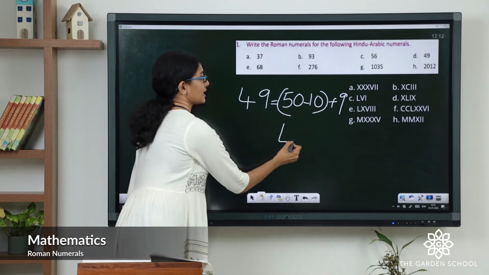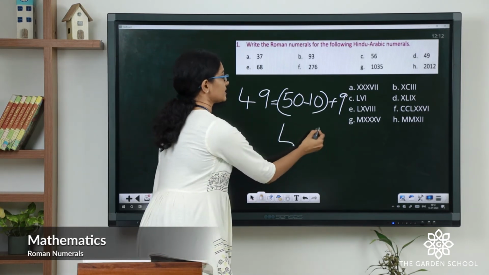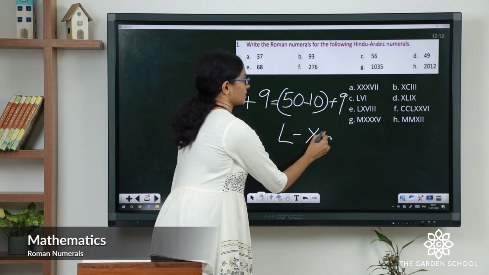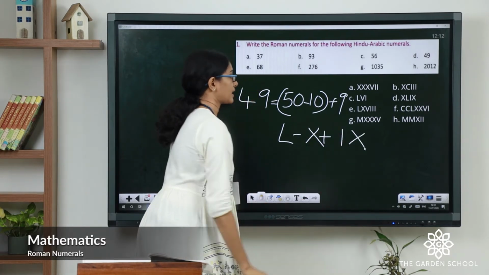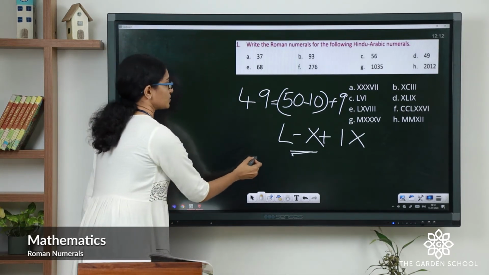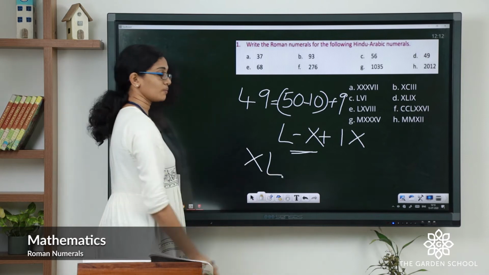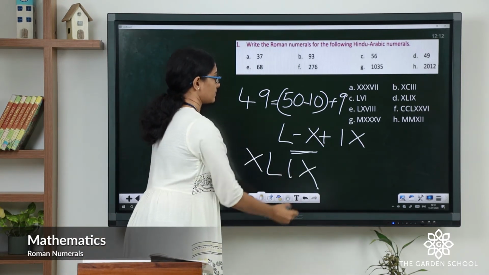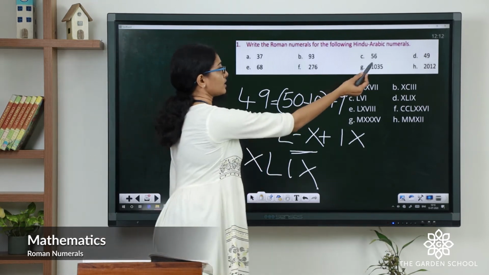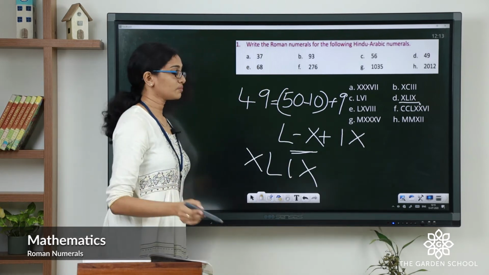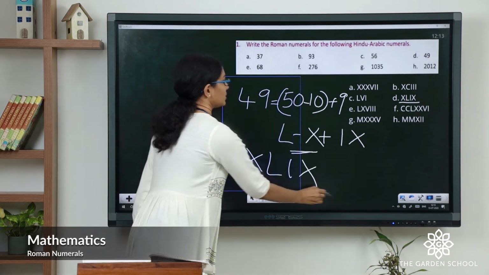It is L. And what is the symbol for 10? It is X. So it's L minus X plus this is the symbol for 9. So to write like this, from the rule of subtraction, we have to form the numeral like this and the symbol for 9. So 49 is represented as this. I hope this is clear to you. Now we will see the next question.